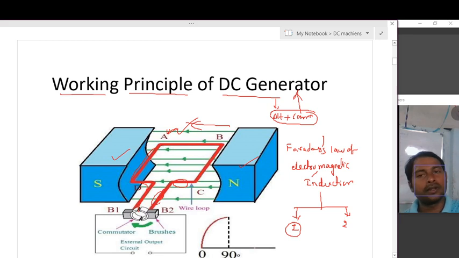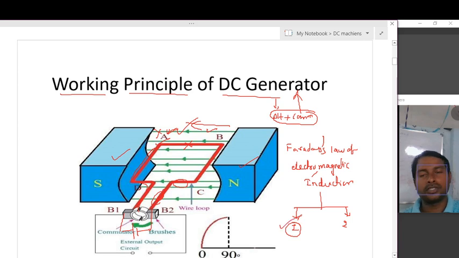So whenever the conductor cuts the flux or flux cuts the conductor, either one is stationary; both moving is not possible. Then EMF induces across this conductor according to Faraday's first law.